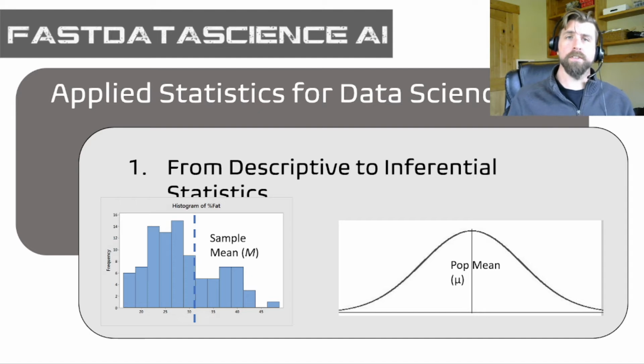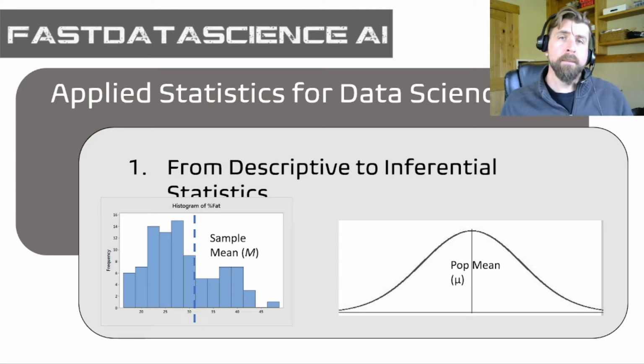So one of the core functions of inferential statistics is essentially to take descriptive statistics and use them to estimate what those values may be in the population of that data. So in the case of the mean, on the left here, we have a sample distribution.